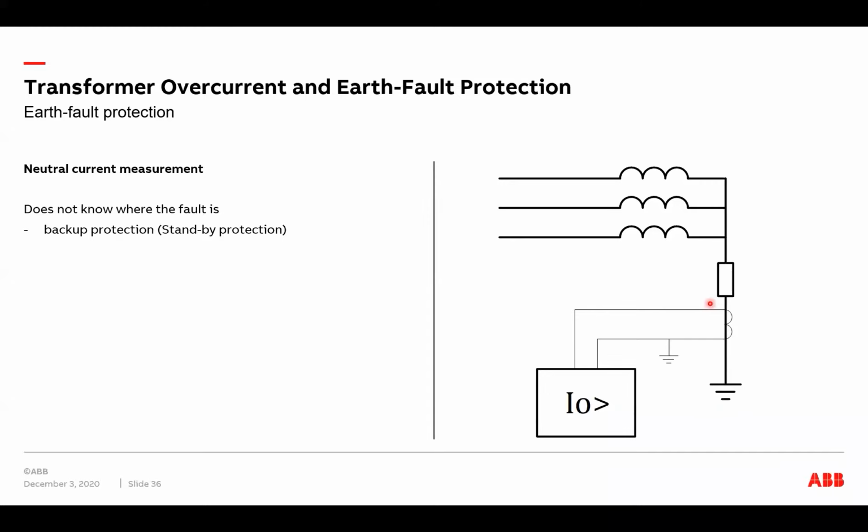Now, the problem here is that in case we have an earth fault inside the power transformer or an earth fault outside the protected zone here, this protection cannot distinguish between internal and external faults. So that's why we use earth fault protection as a backup protection.